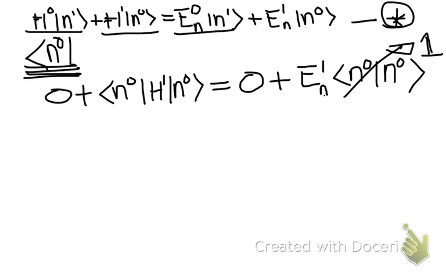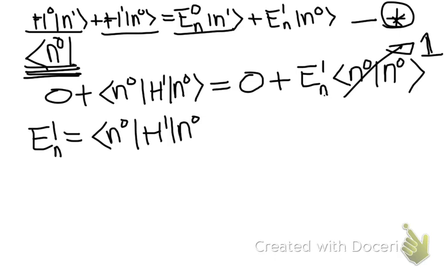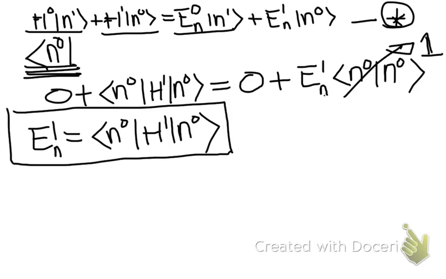What I am left with is that my En1, this En to the first order, is equal to n0 H1 n0. Now this equation is my first order correction to my energy eigenvalue, right?